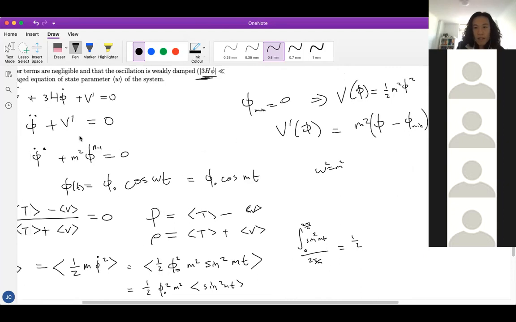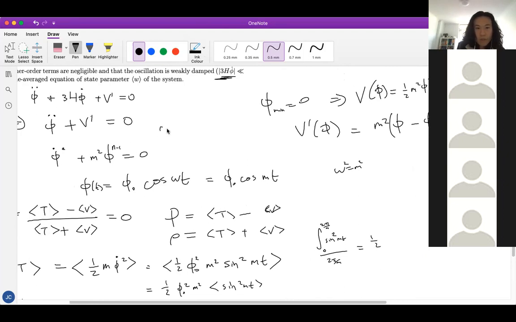When we take it here, our differential equation becomes phi double dot plus m squared phi equals m squared phi min. So this looks like an oscillation with a... is that a driving force?